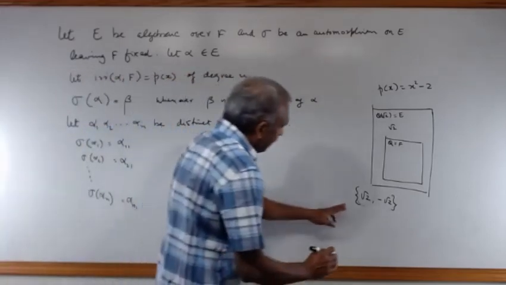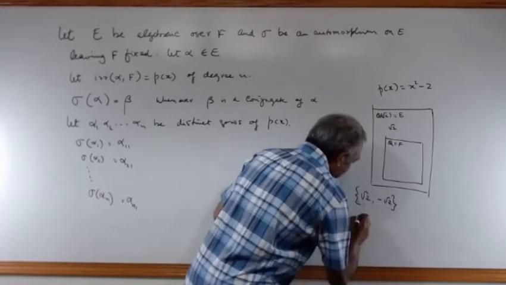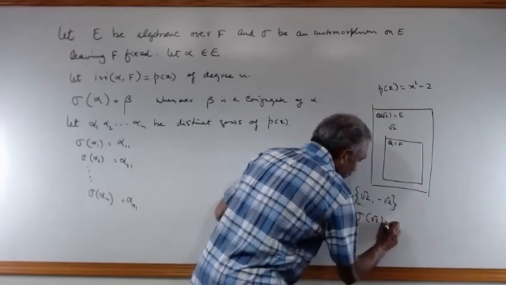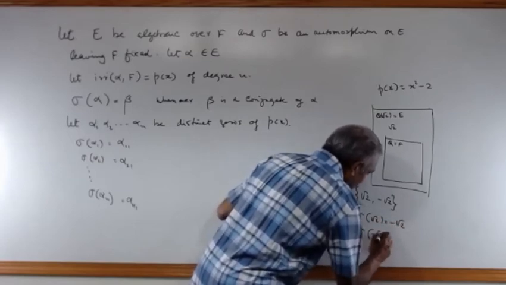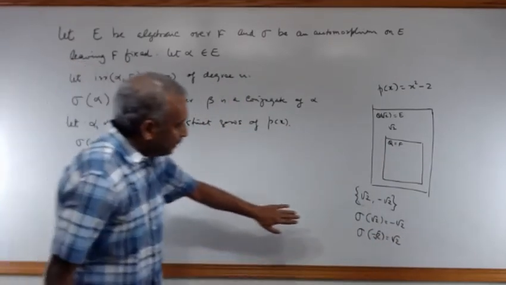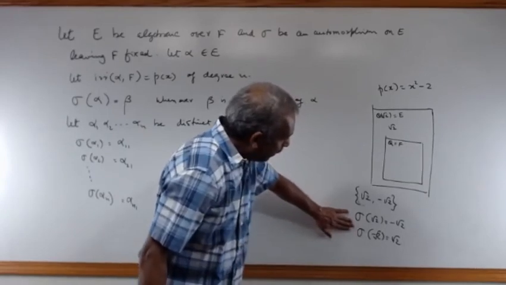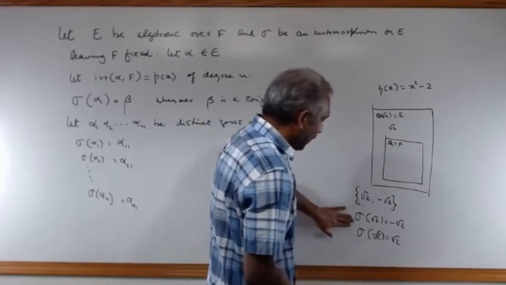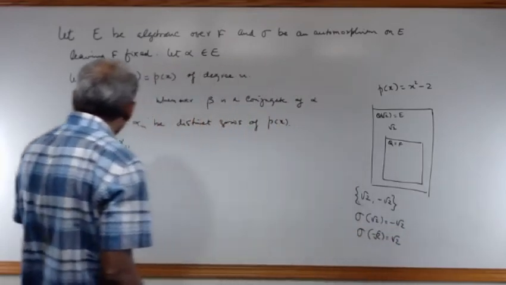For example, here if it is not the identity map but the conjugate map, then sigma of root 2 is equal to minus root 2, and sigma of minus root 2 is equal to root 2. These are the assignments of a non-identity automorphism. If it is the identity, then it will be root 2 and minus root 2.